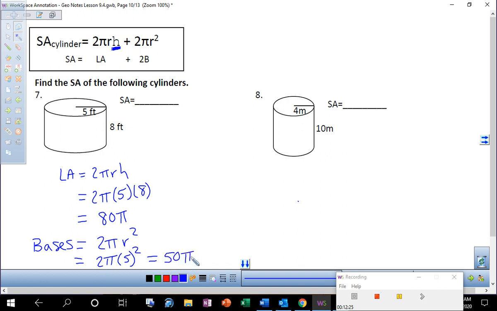So my bases are 50 pi. So together, 80 and 50 gives me 130 pi feet squared, or as a decimal, approximately 408.4.